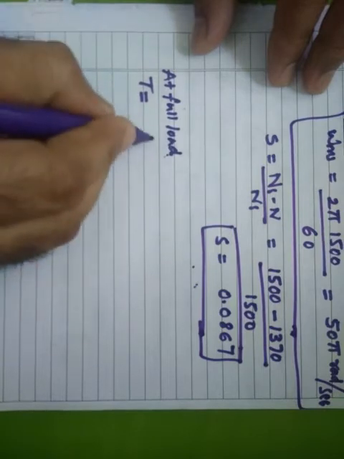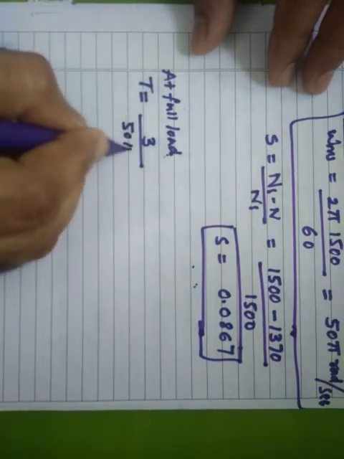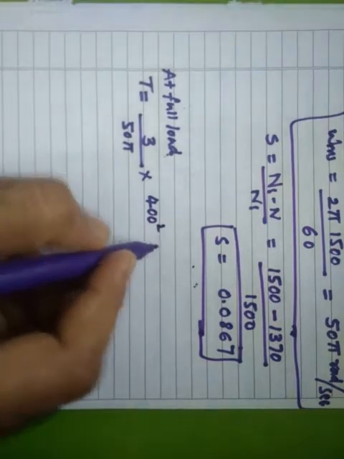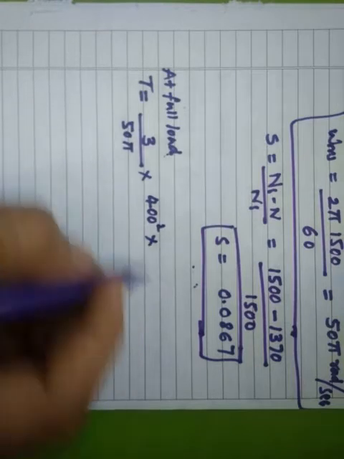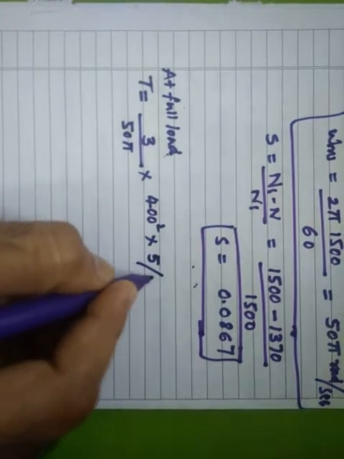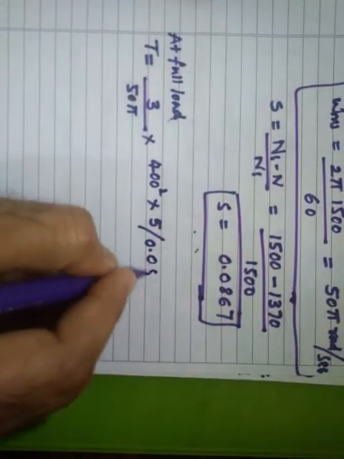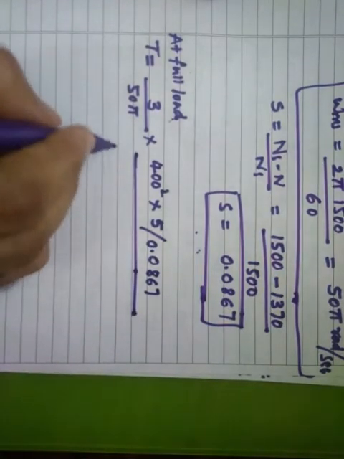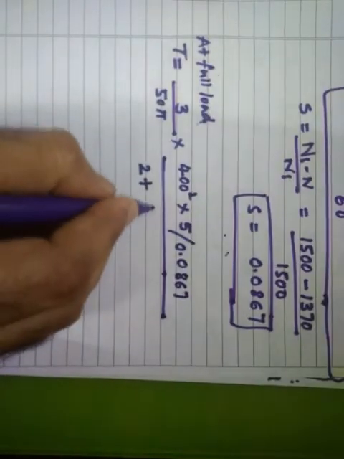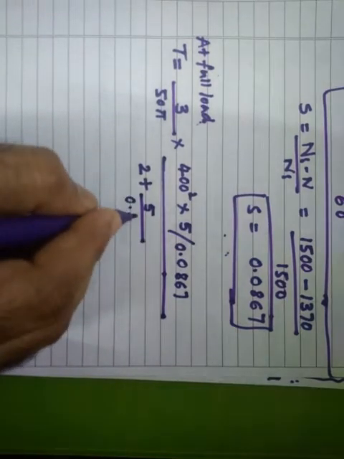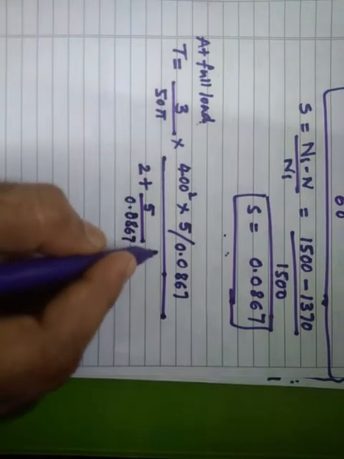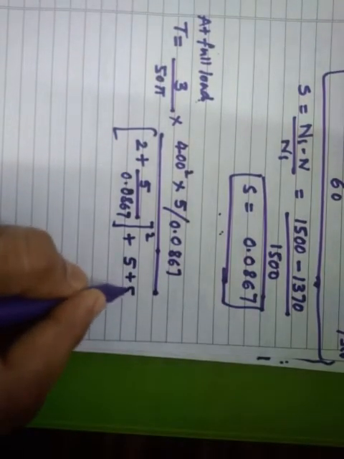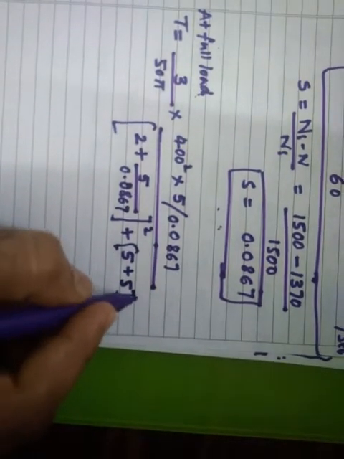Now 3 divided by 50 pi, that is omega ms, into 400 squared, into the rotor resistance referred to the stator, 5 ohm, times slip 0.0867, divided by Rs, the stator resistance 2 ohm, plus 5 divided by 0.0867, this whole squared, plus the sum of the reactances. The sum of the reactances is given, both are 5 ohm, so 5 plus 5 squared.